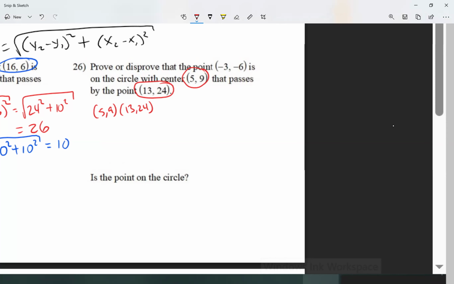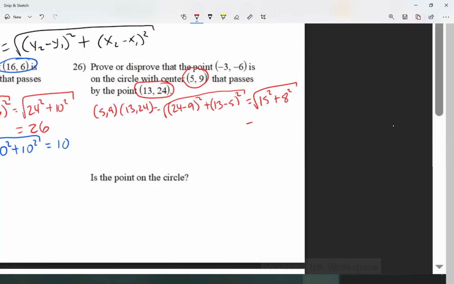Okay, I want to find this distance. I wrote my coordinates there so I remember which points I'm looking at. I have to subtract the y's first, right? So 24 minus 9 all squared, plus, then I subtract the x's, 13 minus 5 all squared, and this is inside the square root. 24 minus 9 is 15, so I have 15 squared. 13 minus 5 is 8, so I have 8 squared.